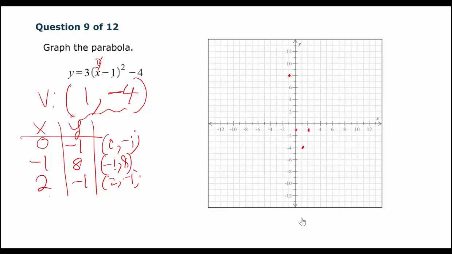Last point, if we take x value 3, if you calculate the y value, you will see the answer is 8. So the point will be 3, 8. So 3 and then 8 is here. Then you just take the graphing tool and you draw the parabola here.